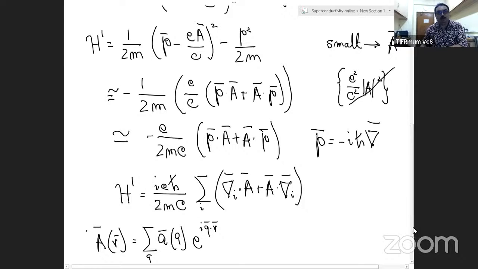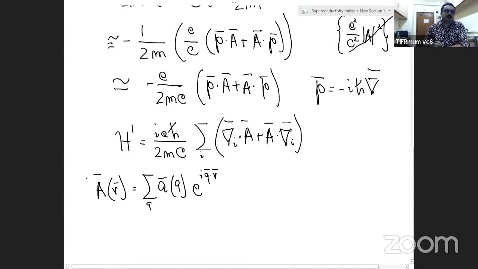And then you have to apply the prescription that we have done in great detail to go from the first quantized Hamiltonian to the second quantized Hamiltonian. This is an exercise that I leave for you.